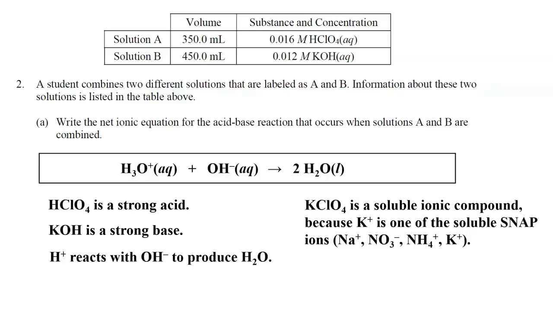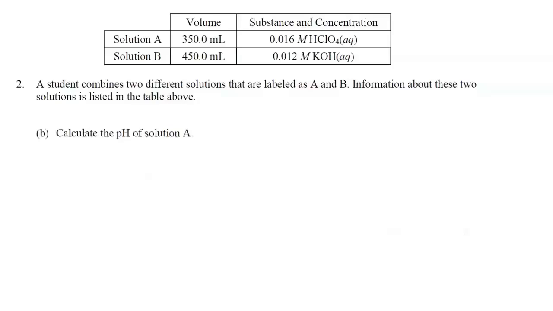Now let's go ahead and take a look at part B of this question. In part B, we have to simply calculate the pH of solution A. So solution A is 0.016 molar HClO4, which is perchloric acid. And perchloric acid is one of the strong acids that you should memorize for the AP chemistry exam.